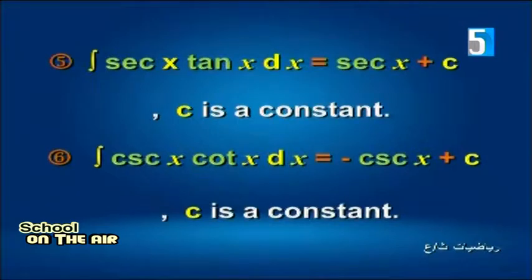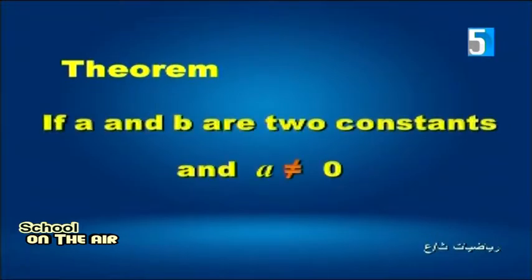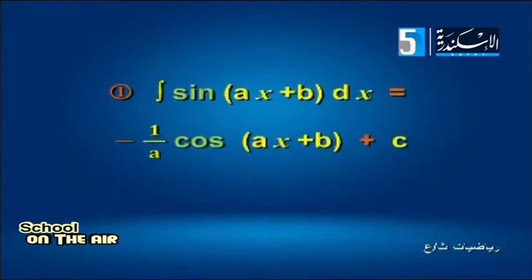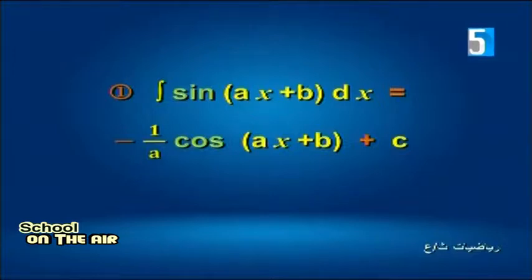And if a and b are two constants and a not equal 0, then number 1, integration sin ax plus b dx equals negative cosine ax plus b, multiply 1 over a.